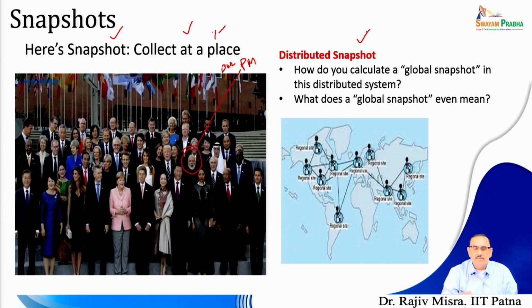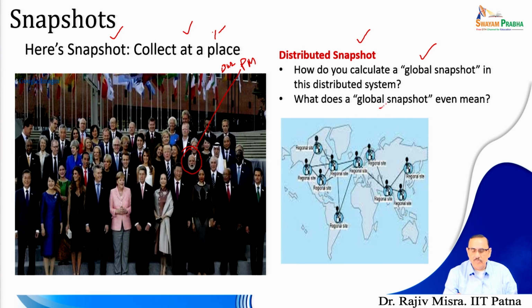However, if they are distributed at different places and will not come to one place, yet you want to take a snapshot, this is called a distributed snapshot. So, how do you calculate such a distributed snapshot? That is very common in distributed systems. An edge and cloud system is also a distributed system.